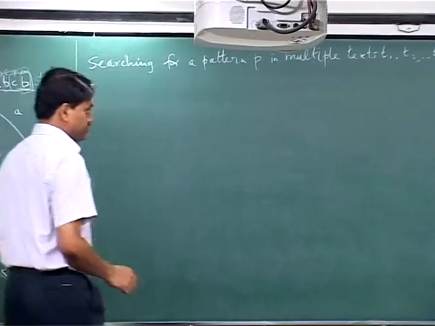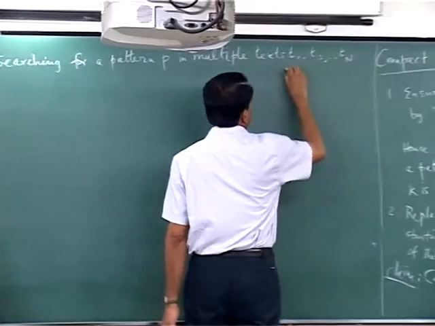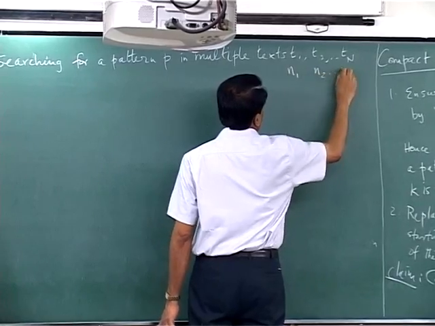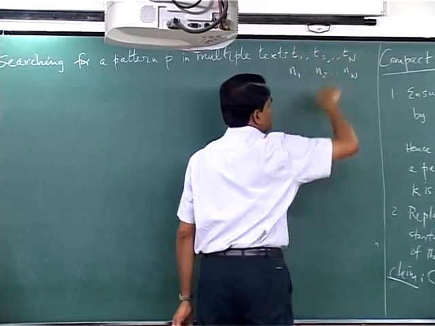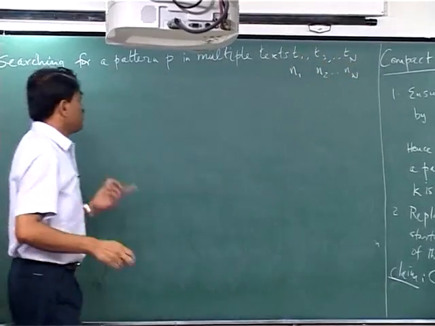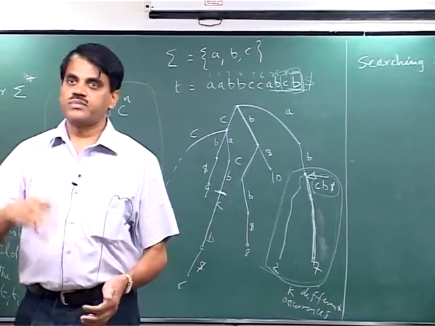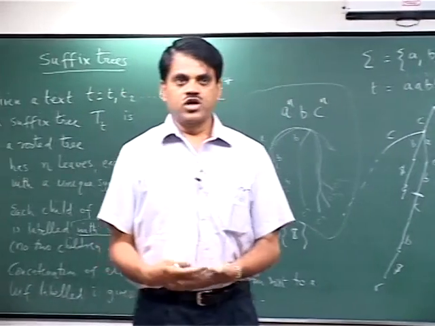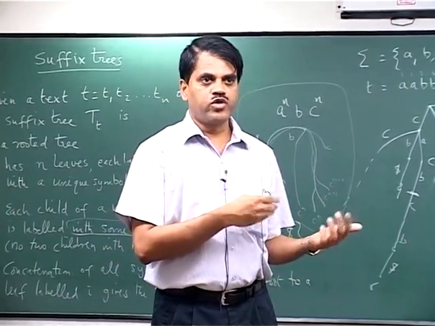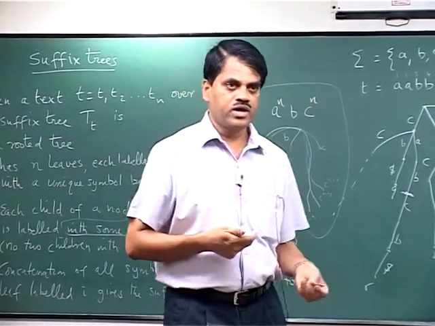Let's say this is n1, n2, and so on, where n is the length of these texts. Then if I am looking for all occurrences of this pattern P in all these texts, one brute force way of doing it is to do one at a time.